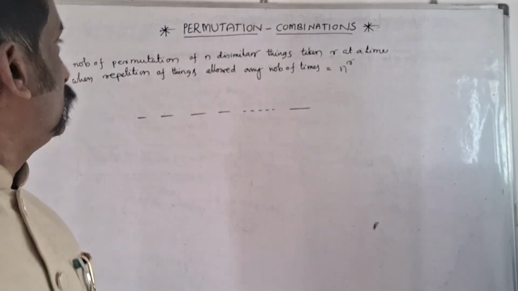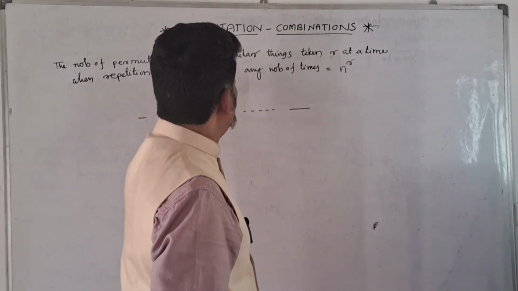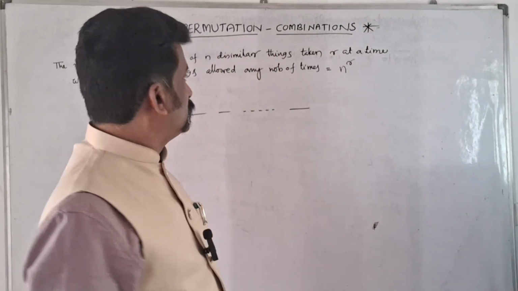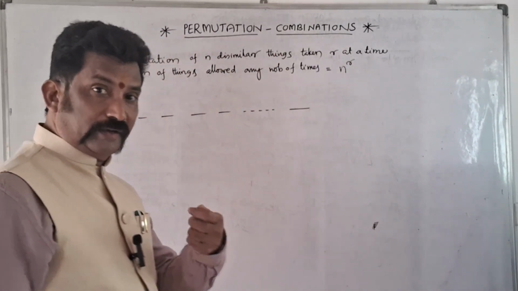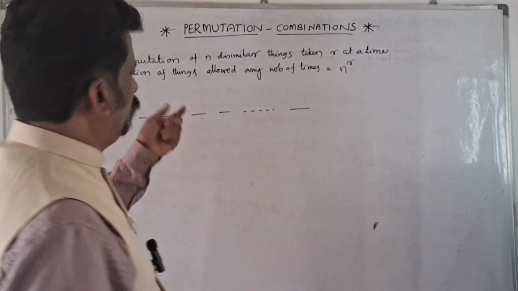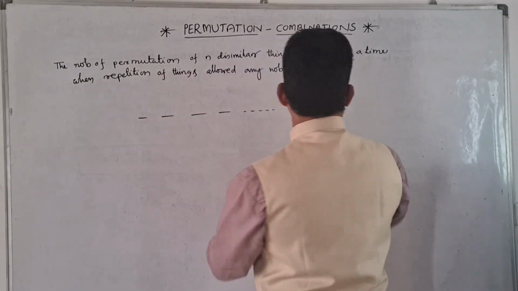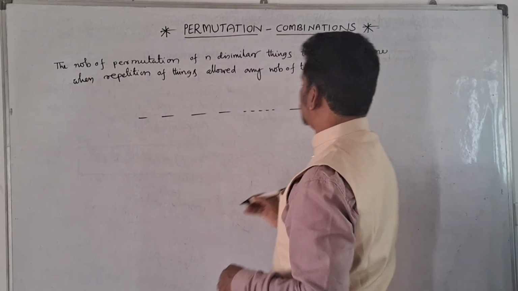So the number of permutations or arrangements of n dissimilar things taken r at a time when repetition of things is allowed any number of times is n power r. It is also very important for combinatorics.